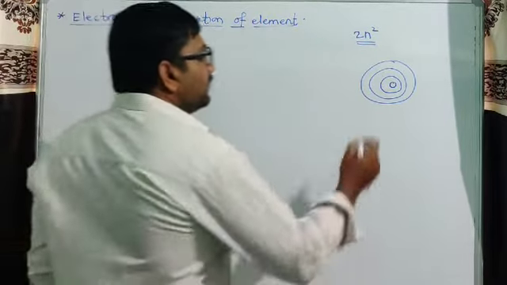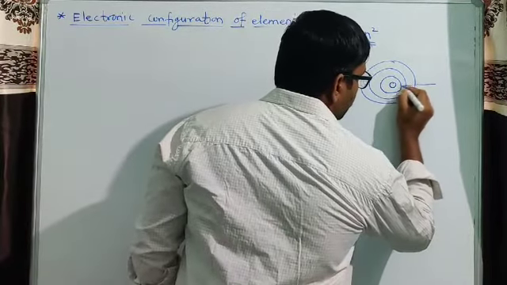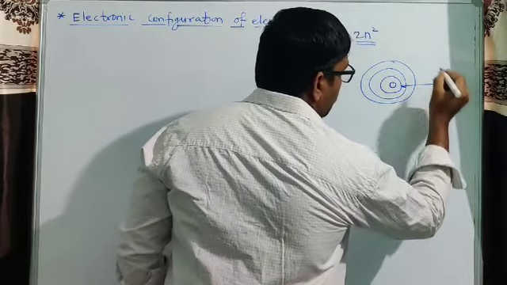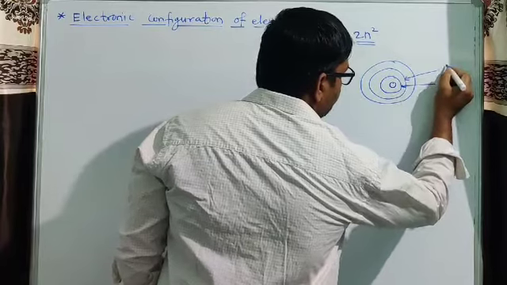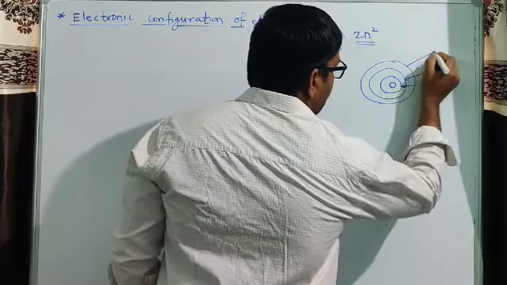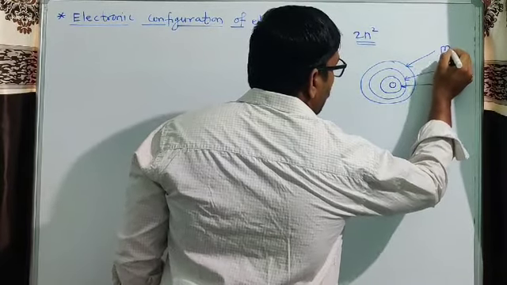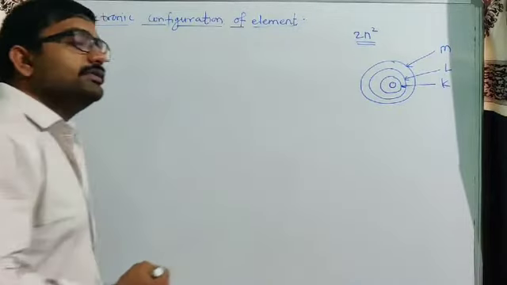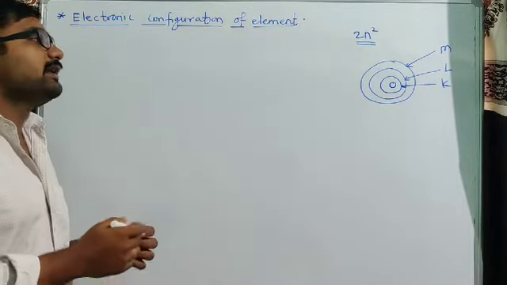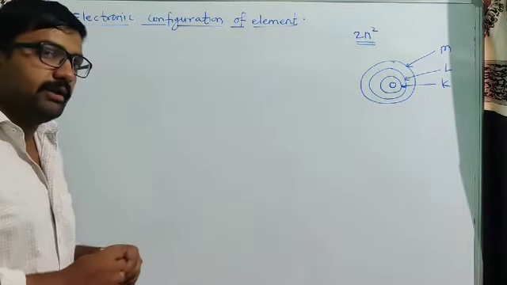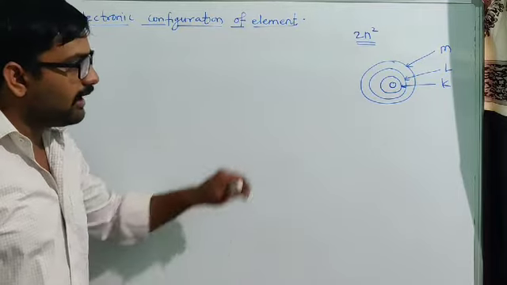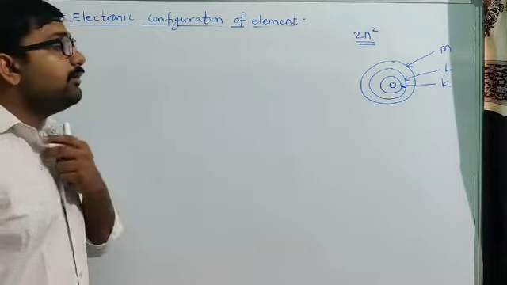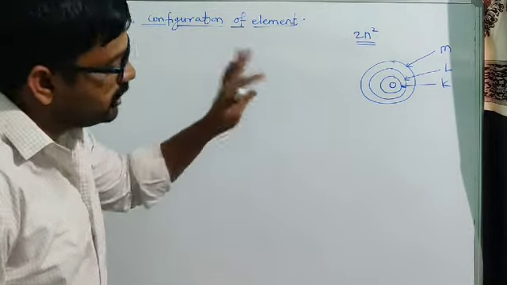The first shell from this nucleus we call the K shell, the second shell from the nucleus we call the L shell, then the third shell we call the M shell. In such a way, by using the alphabet K, L, M, N, we have to name the particular shell.